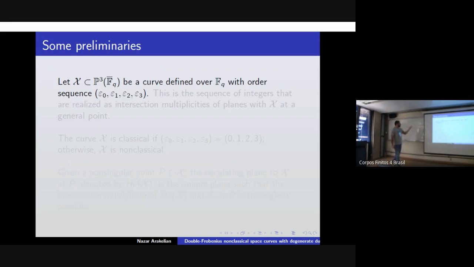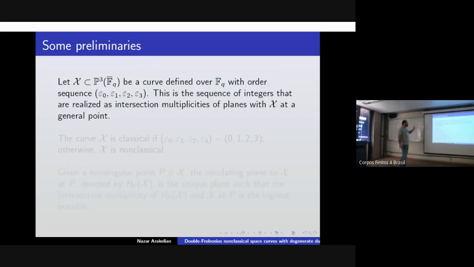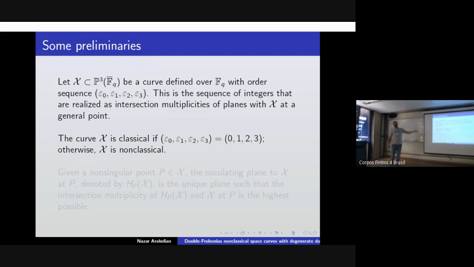So you have a space curve with this order sequence, which is all the possible numbers realized as intersection multiplicities of planes with the curve at the general point. And we'll say that your curve is classical when this sequence is the classical sequence. Otherwise, we'll say that the curve is non-classical. Okay.